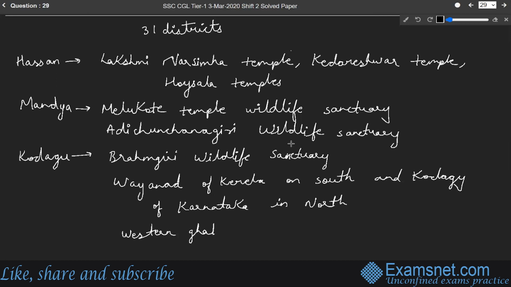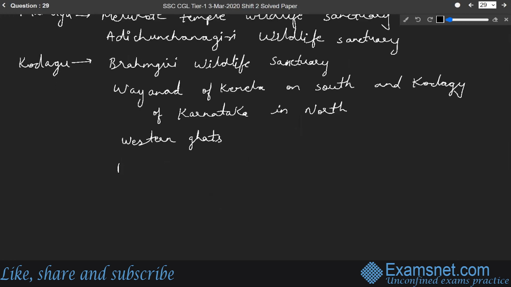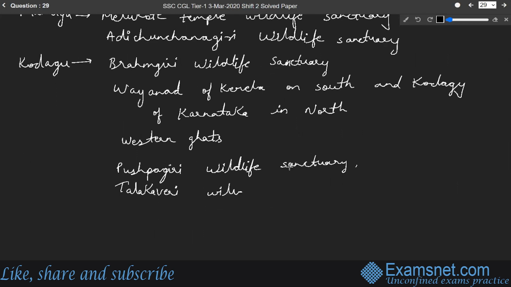And there are many other wildlife sanctuaries present here, which are Pushpagiri Wildlife Sanctuary, Tala Kaveri Wildlife Sanctuary, and Ranganthittu Bird Sanctuary.